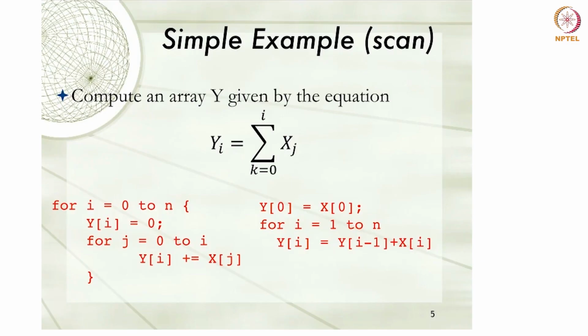But of course, as you said, I have to initialize the first value of y to x0, and then that's it. So this is a transformation that takes a quadratic time program and gives you a linear time program. I haven't shown you what the transformation is.